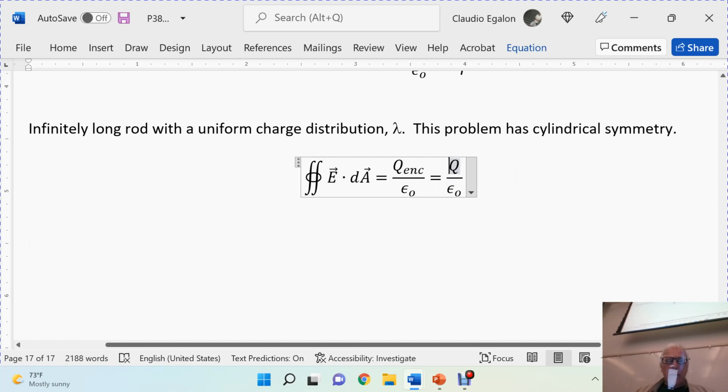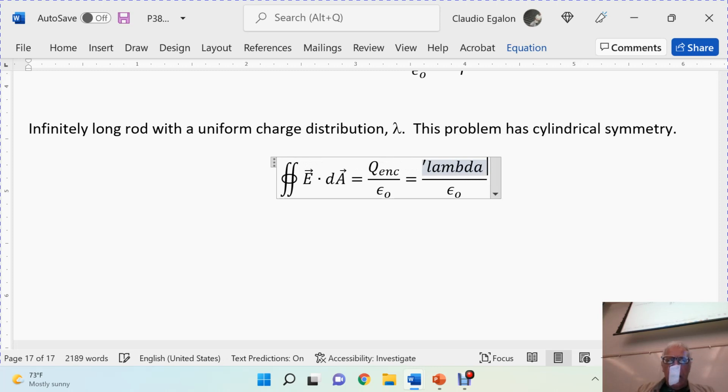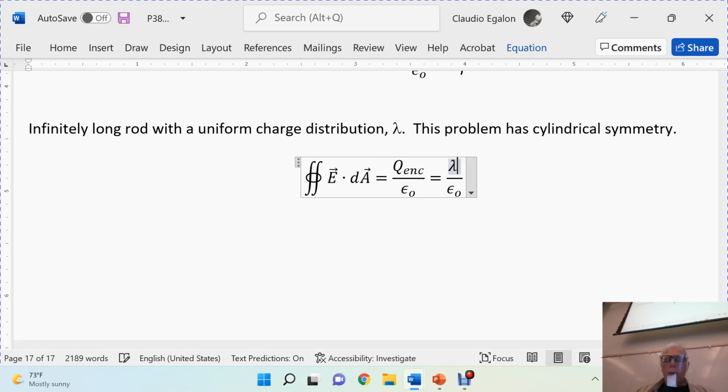The Q that's enclosed is going to be lambda L, since dq over dx is equal to lambda.